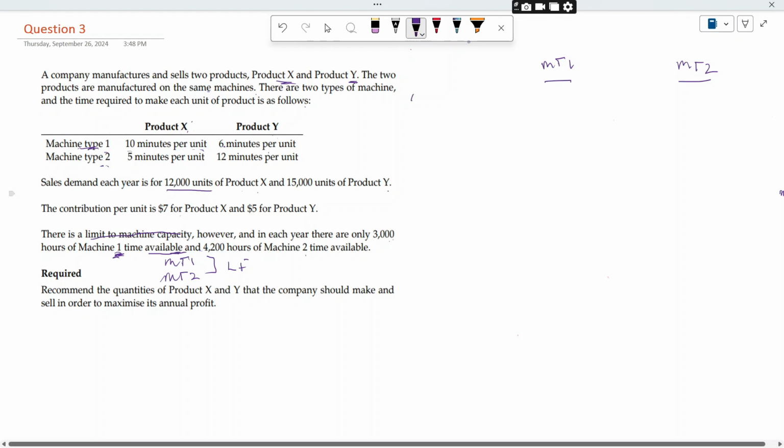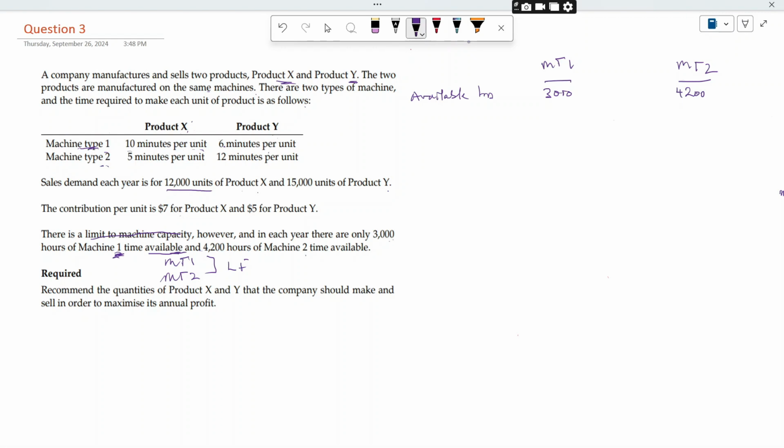So you realize that the available hours for machine type 1 is 3,000, and for machine type 2 is 4,200. Great.